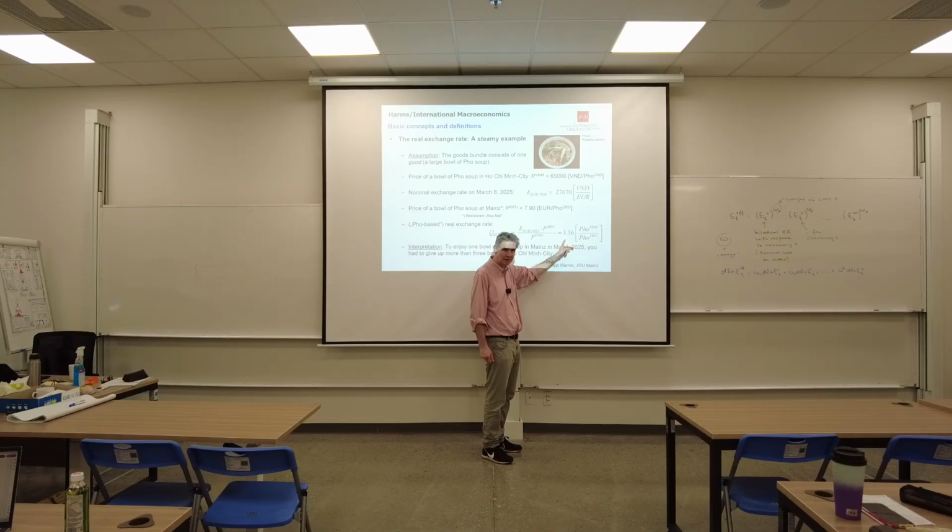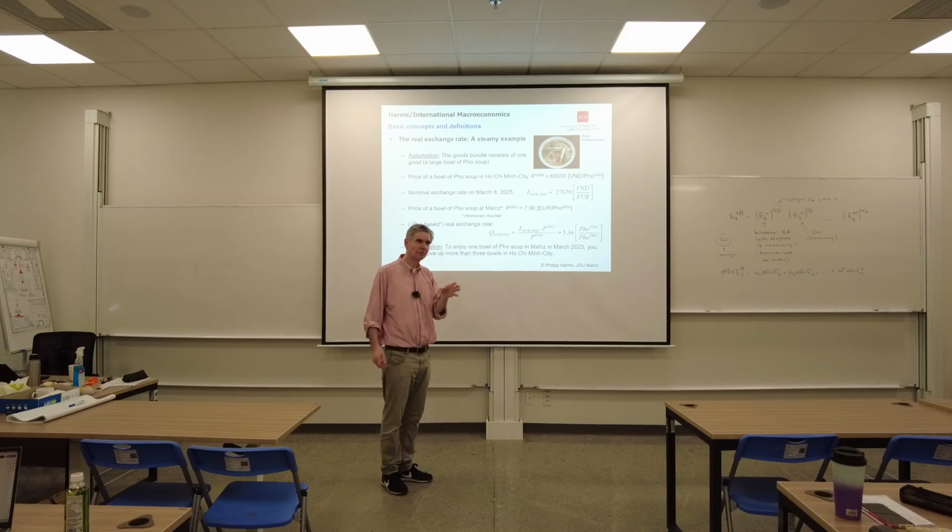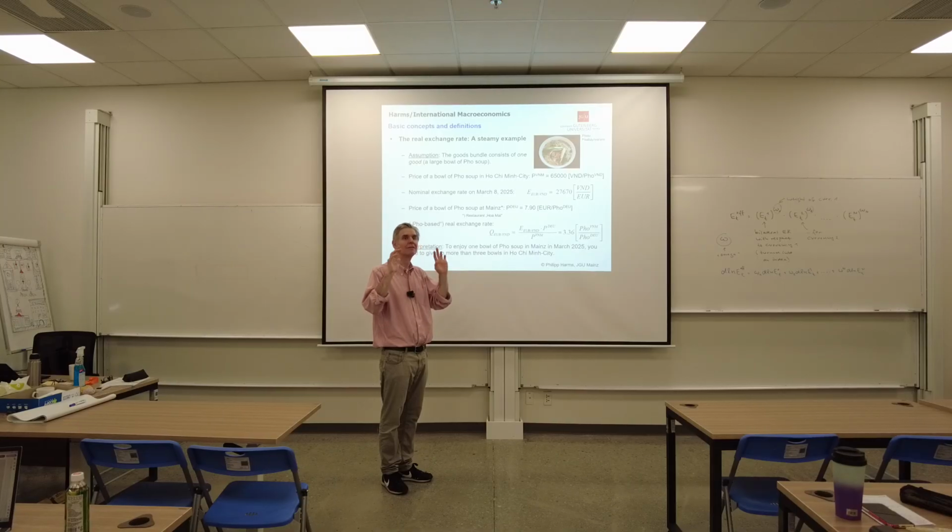What does that mean? Well, it means that you have to give up 3.4 pho soups in Vietnam to get one pho soup in Mainz. That's the real exchange rate. This is goods against goods. So on the night before you go, from your perspective, Germany is an expensive country.